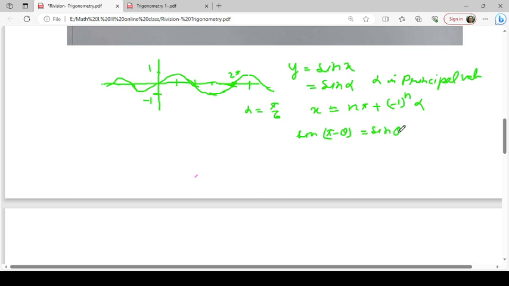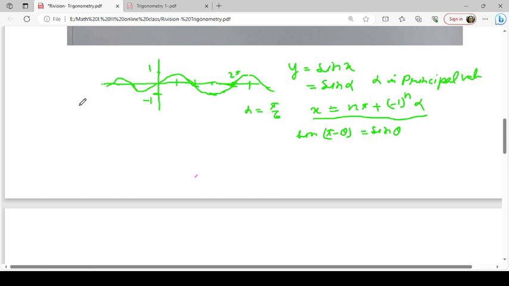So when theta is pi by 6, then pi minus pi by 6 gives the same value. When n is equal to 2, it is twice pi plus alpha. When it is 3, it is thrice pi minus alpha, like this. So this is the general value. We say alpha is the principal value and this is the general value. This is the formula for the general value for sine.